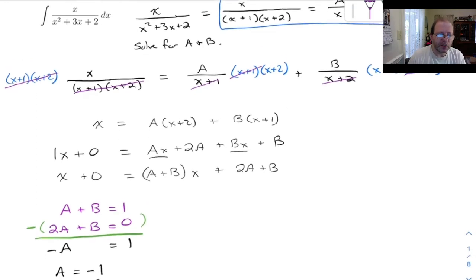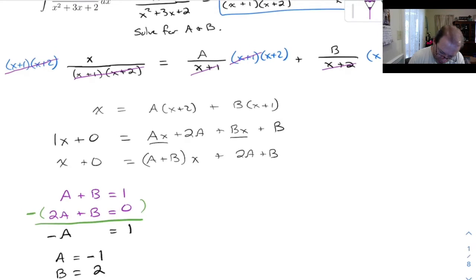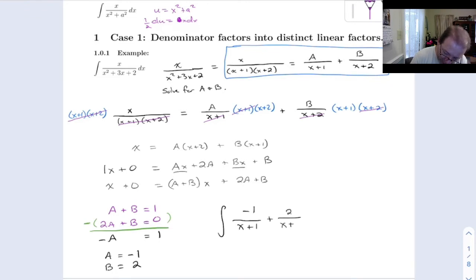this is going to allow us to rewrite the integral. So I've got a is -1 and b is 2. If I come back up here and look at this, I can replace that a and b there. And so my integral becomes the integral of -1 over x plus 1 plus 2 over x plus 2.